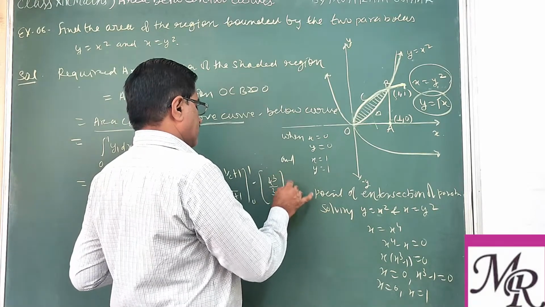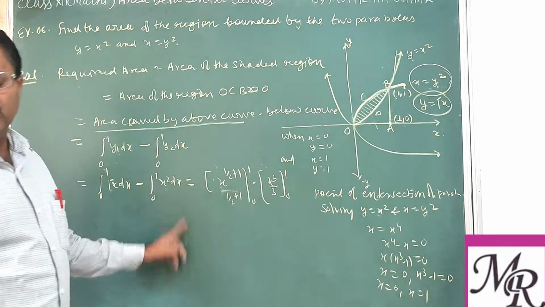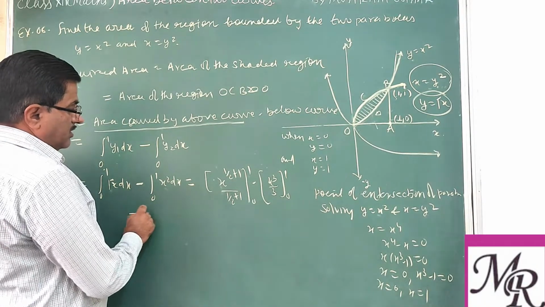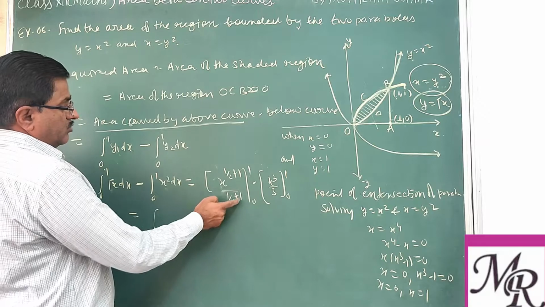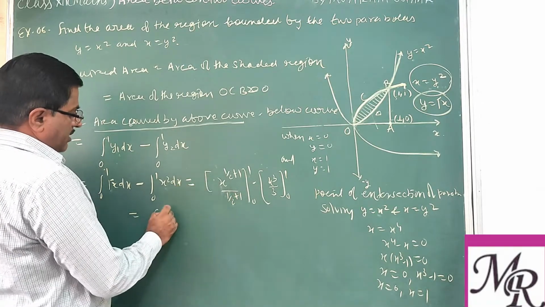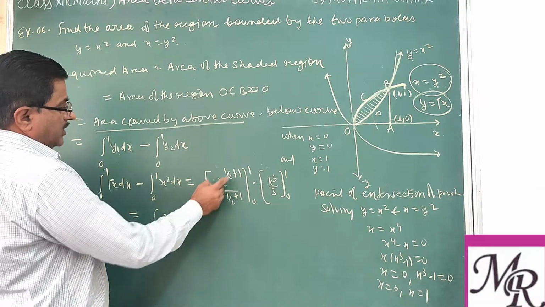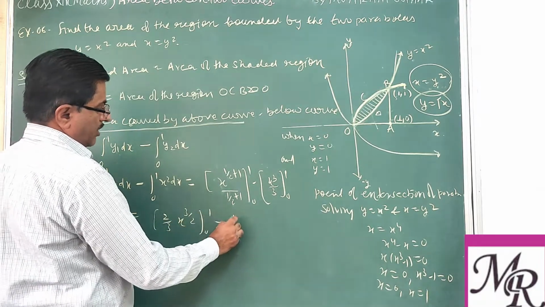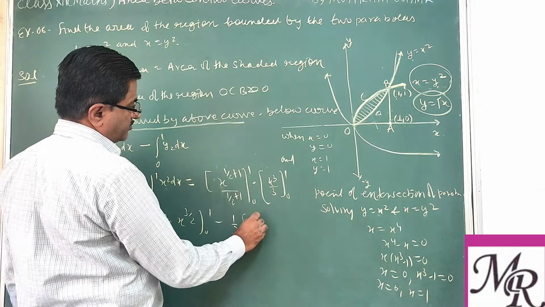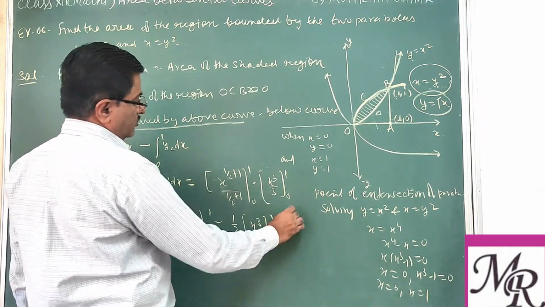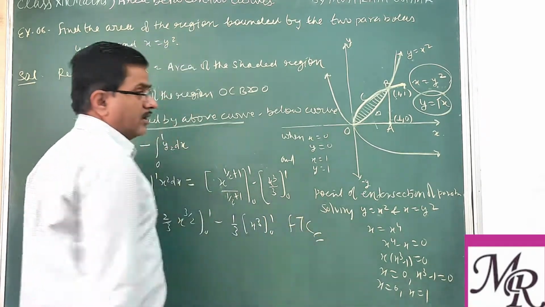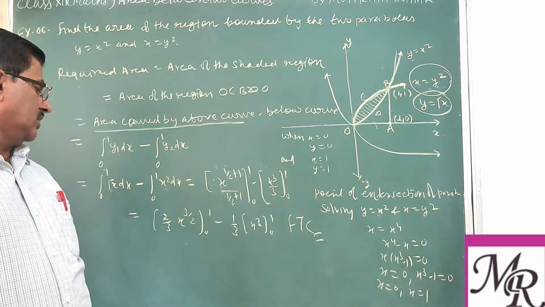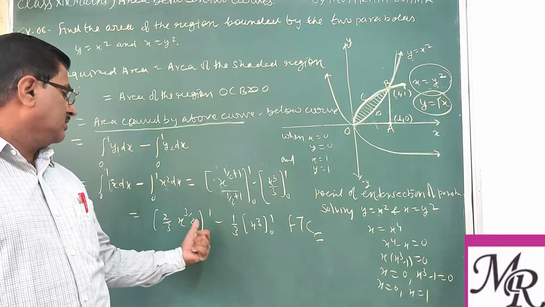Now this is the rule of the definite integral. You have to solve it easily. So this will be 2 by 3 x power 3 by 2 from 0 to 1, minus 1 by 3 x power 3 from 0 to 1. Now you use the fundamental theorem of calculus: upper limit minus lower limit. Here the upper limit is 1, the lower limit 0.